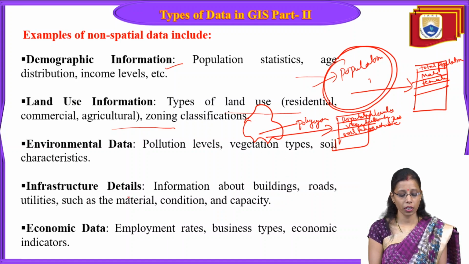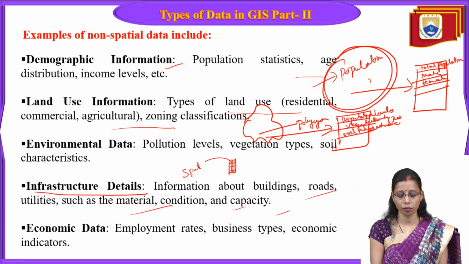Like that, we have infrastructure details. In this infrastructure detail, information about the buildings, about the roads, utilities such as material, condition, capacity. All this information we will be adding in the form of infrastructure details. So how will the spatial data for infrastructure detail be? If you talk about roads, buildings, for a building we will just put a point like this, or we'll create a shape like this. So this becomes spatial.